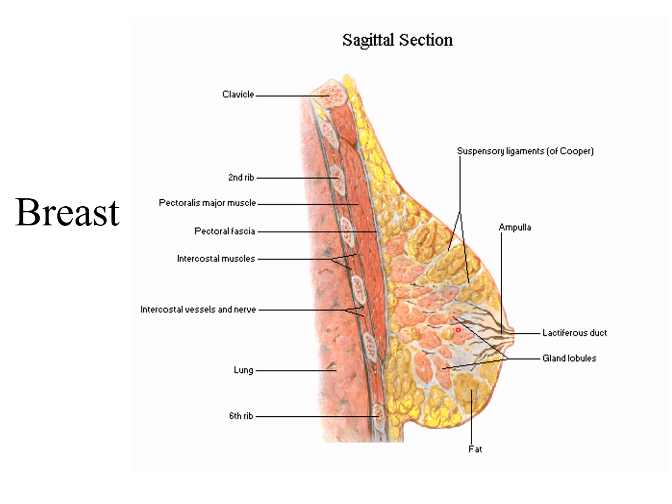This breast is showing the glandular tissue and the fatty tissue, and you can see these dark brownish lines are the lactiferous ducts, and before they open into the nipple they become dilated, and this dilated portion is known as the ampulla, or also known as the lactiferous sinus.